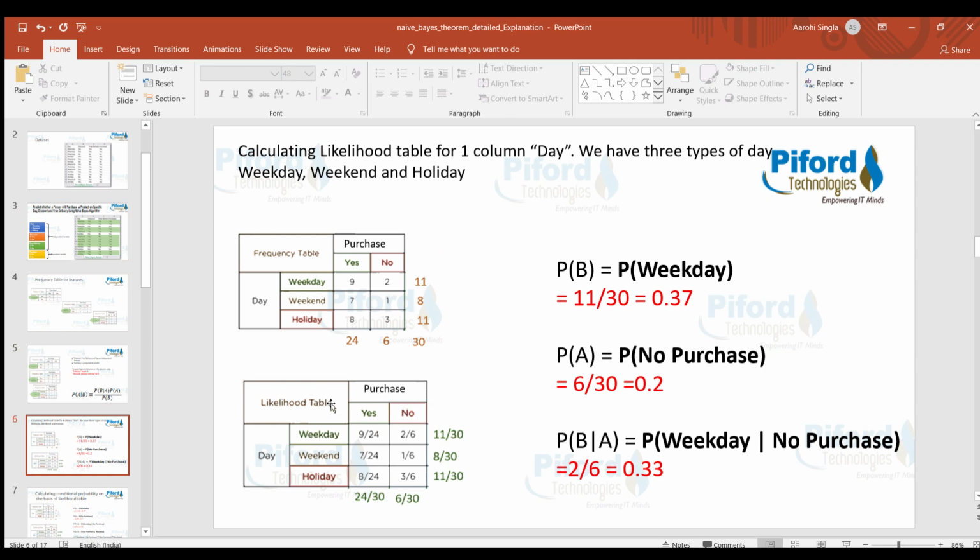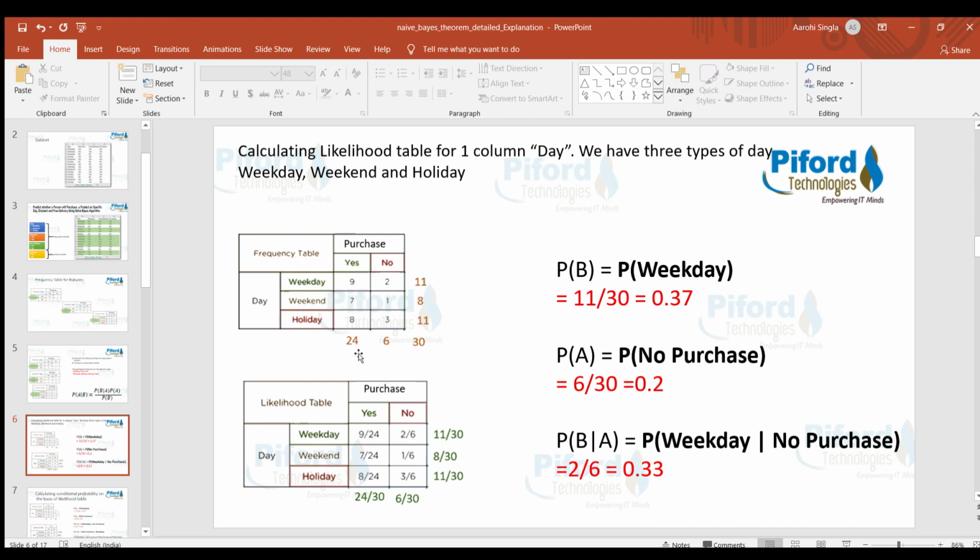Now this is a likelihood table of day. This is a frequency table. There is one more thing, likelihood. Likelihood simply means we want to know out of how many records belong to a particular thing. As you see, on weekdays 9 people made a purchase, so 9 out of how many? Total purchases were 24, including weekday, weekend and holiday.